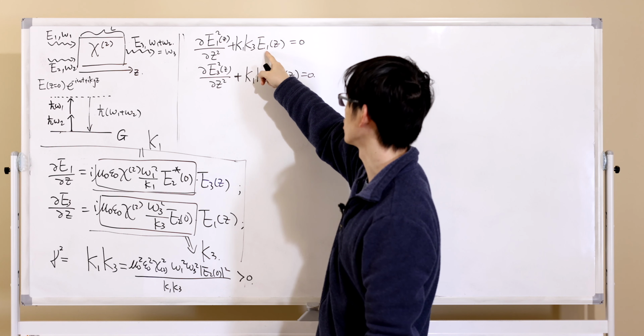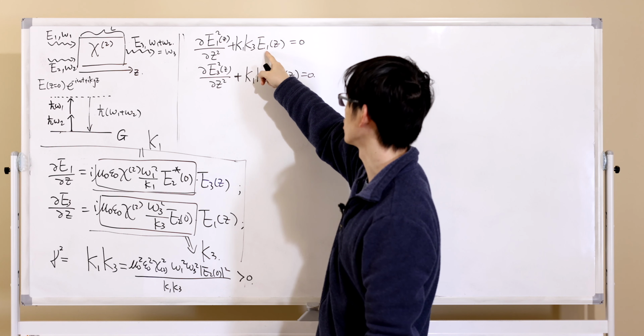And we also know that gamma is just the square root of K1 K3, so that eventually you get B3.